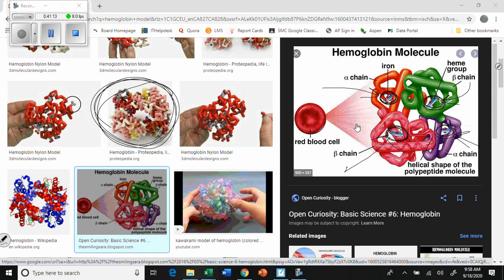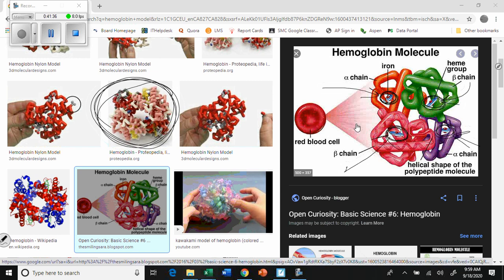And so inside your red blood cells, these proteins carry oxygen. So when the oxygen comes into your lungs, it gets picked up by these molecules. Now, these molecules can then let go of the oxygen once they reach your cells and trade off by also picking up a carbon dioxide, which then they can carry back to the lungs.